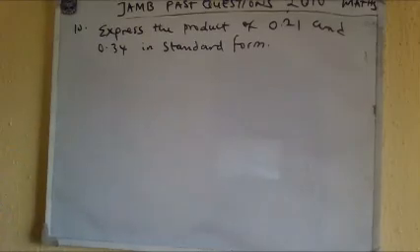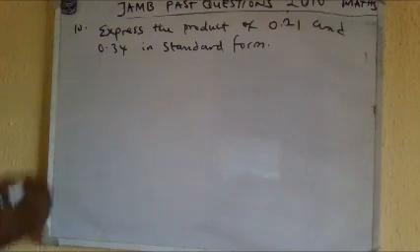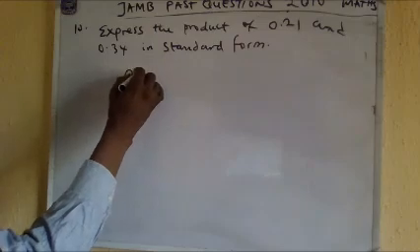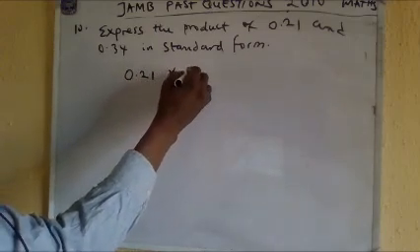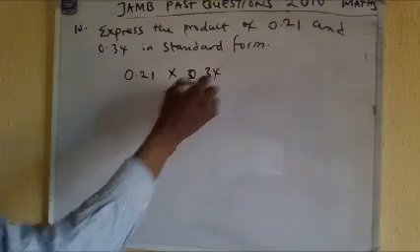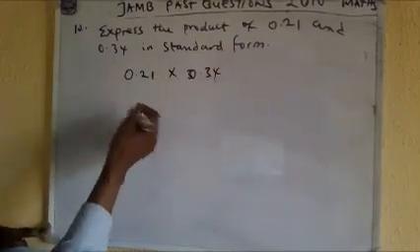Okay, so express 0.21 and 0.34 in standard form. The product means times. That's 0.21 times 0.34.